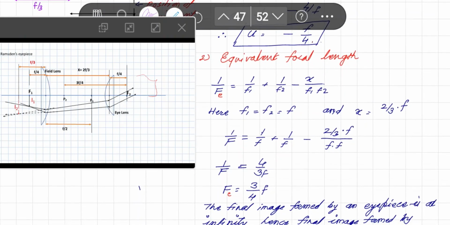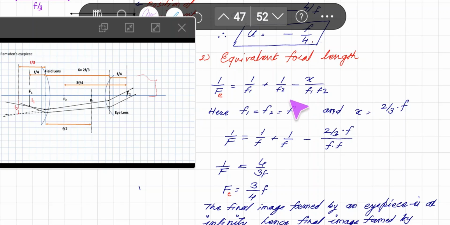Now let us talk about equivalent focal length. We know the focal length of both lenses is the same, that is f1 is equal to f2 is equal to f. Considering the two lens system, we know the formula for equivalent focal length, that is 1 upon f is equal to 1 upon f1 plus 1 upon f2 minus x divided by f1 f2. But f1 is equal to f2 is equal to f, and we already know that x is equal to 2/3 of f.